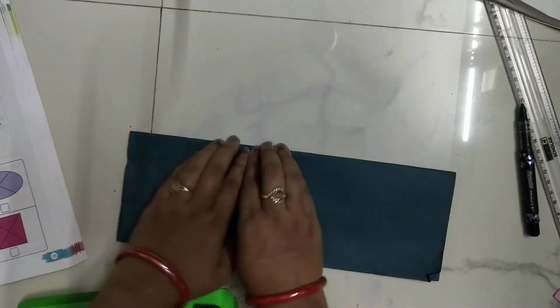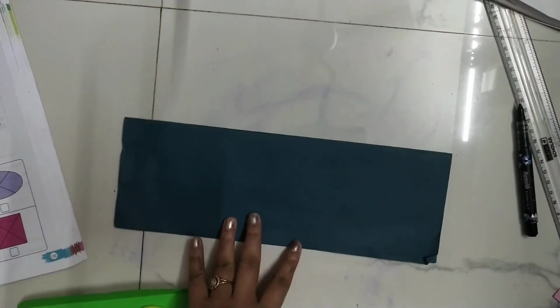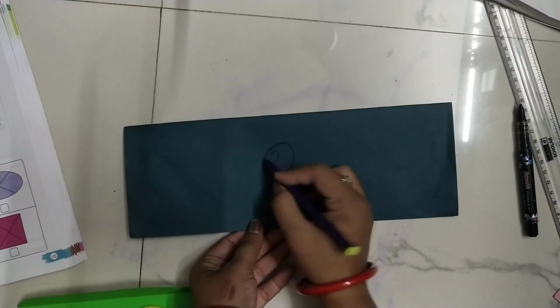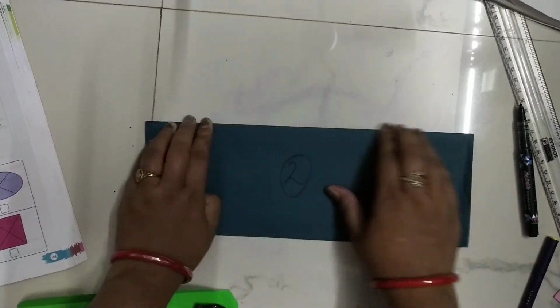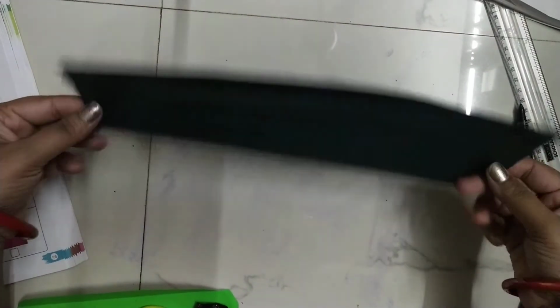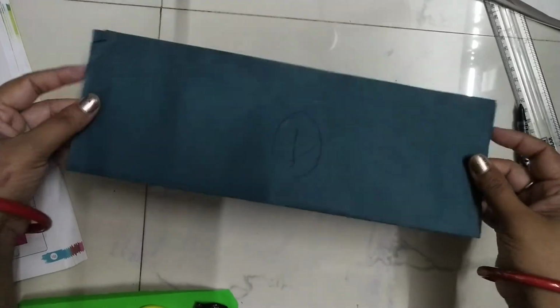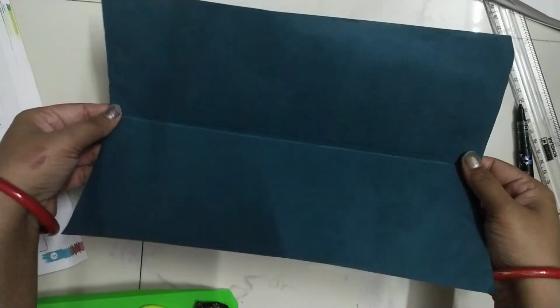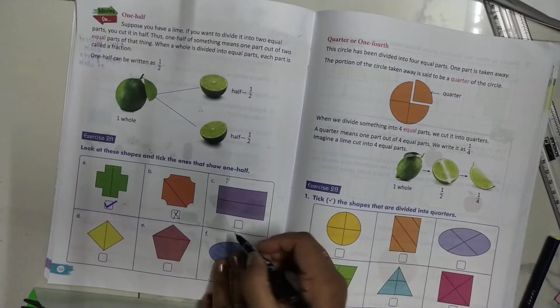I get 2 equal parts, 1 part and this will be the second part. See, both parts are equal. So are they 1 half or not? Yes, they are 1 half. So you can take it as correct.